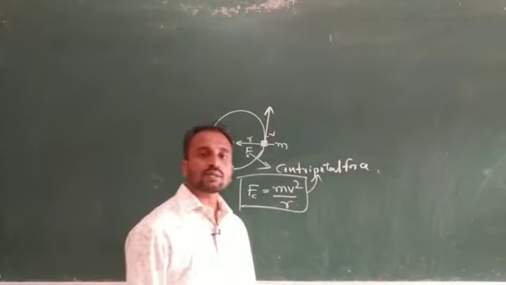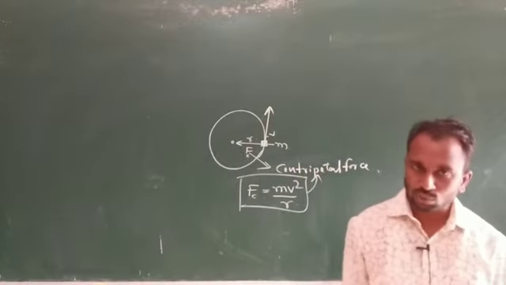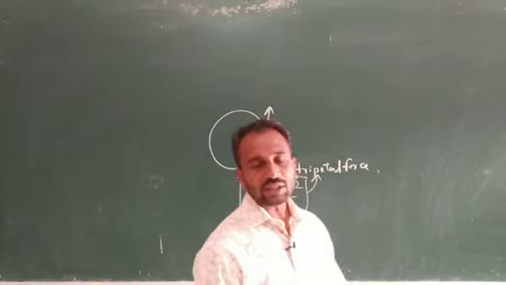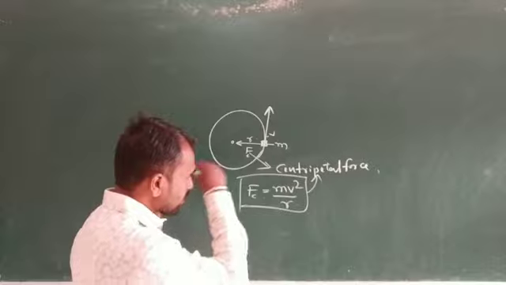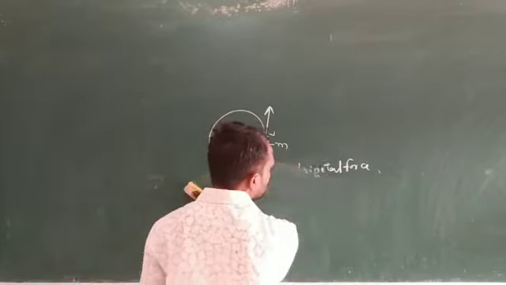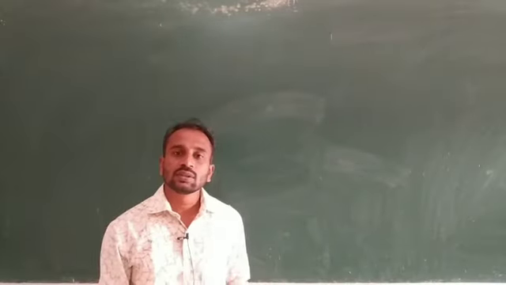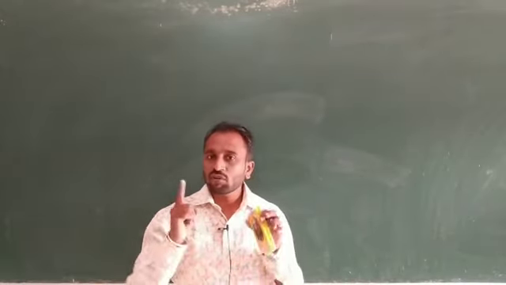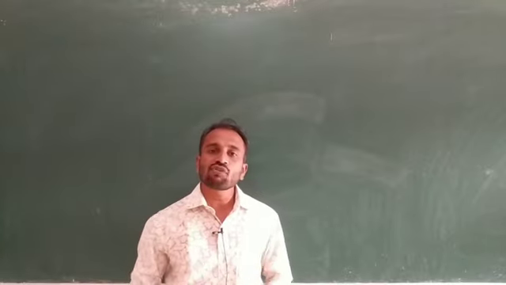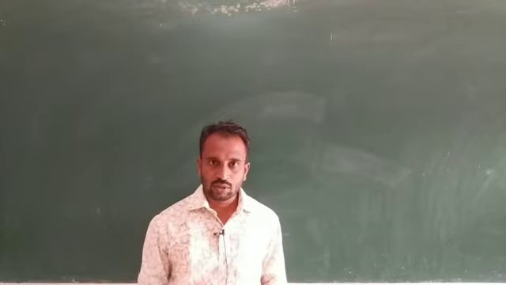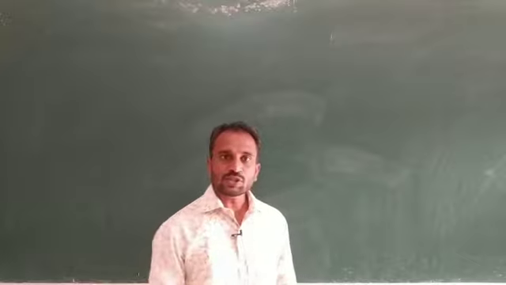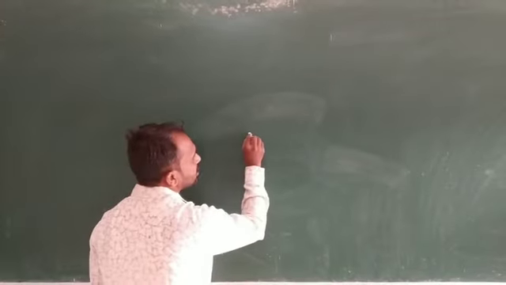Next concept is banking of a road. You already know that on a curved road, a curved path, an object or vehicle must require centripetal force. Suppose this is a curved path.